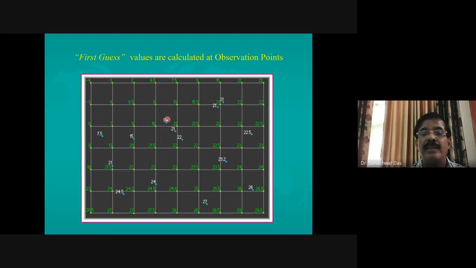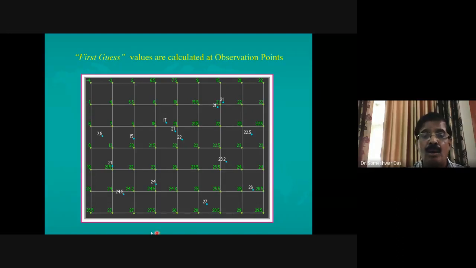Let us say these white colored fields are your observation points, the observed values: 22.5, 21, 21, 17, 24.5. All these white values are your new observations at the current time.